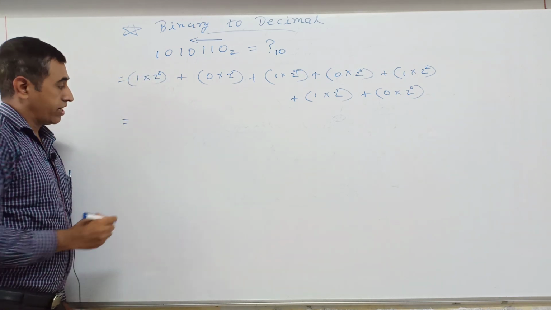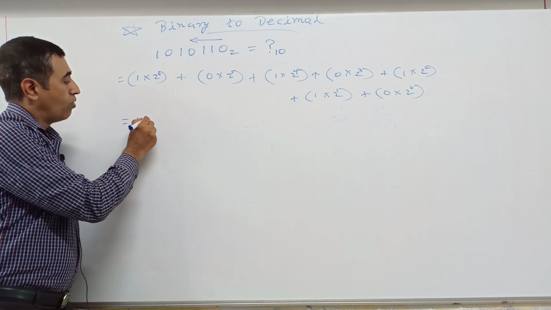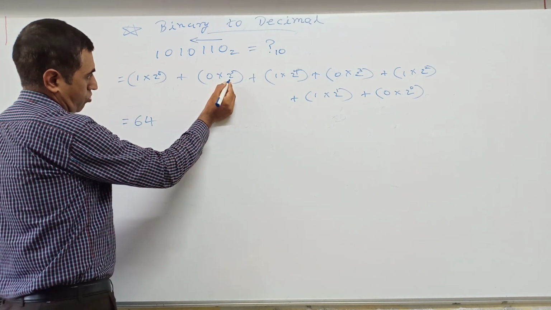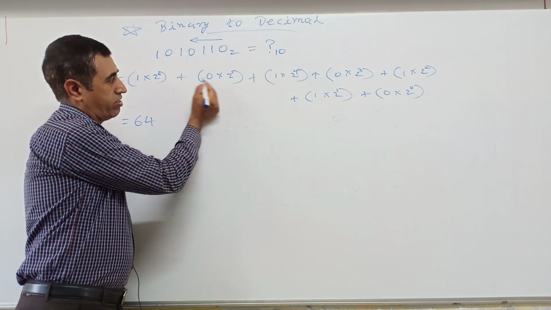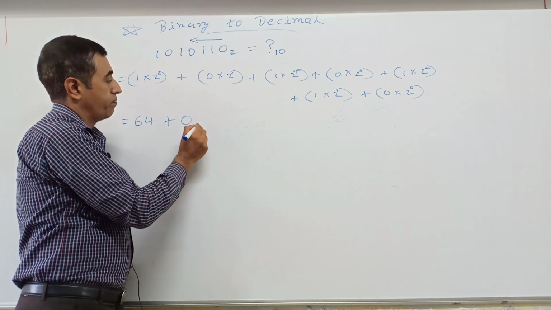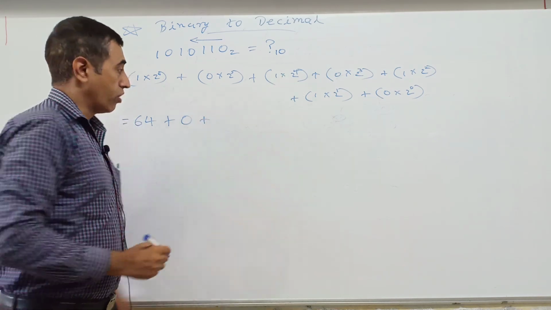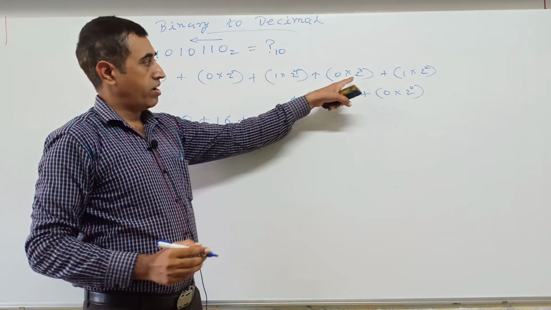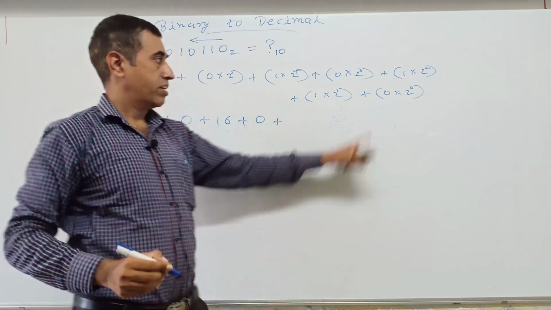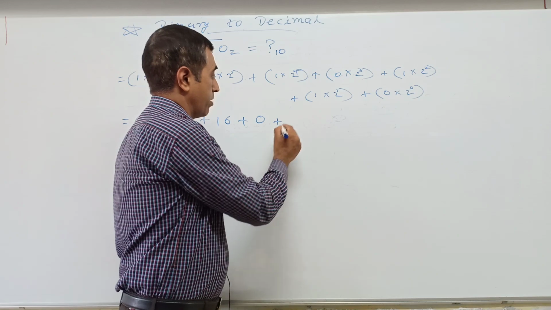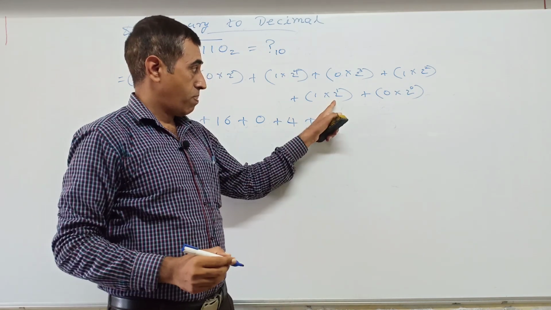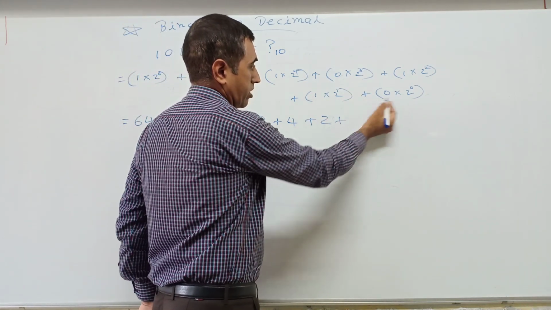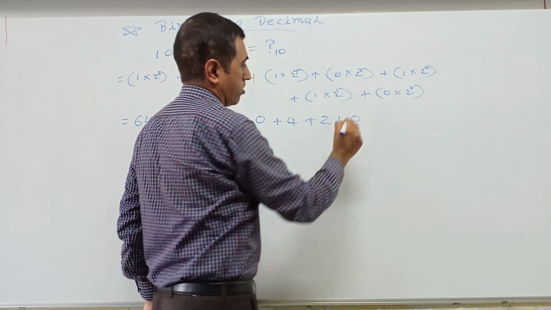So 2 raised to 6, it means 64, and 1 multiplied by 64, it means 64. 2 raised to 5 means 32 plus, but multiplied by 0 is given, so it is 0. 2 raised to 4, it means 16, multiplied by 1, it means 16, plus, here the value becomes 0, plus, here 2 raised to 2 means 4, multiplied by 1 means 4, plus 2 raised to 1, it means 2, multiplied by 1, it means 2, plus this becomes 0 because 0 is multiplied, so 0.